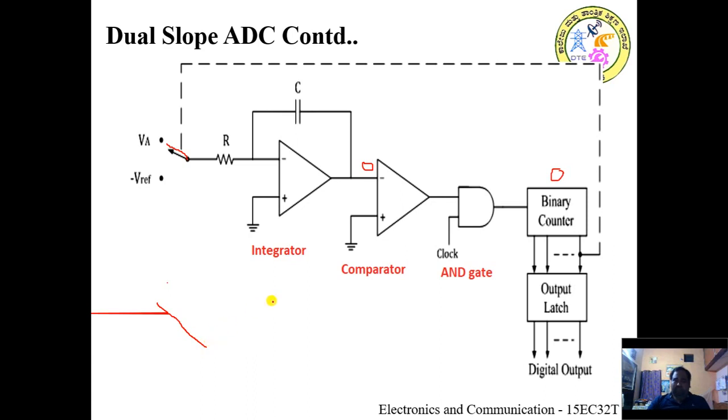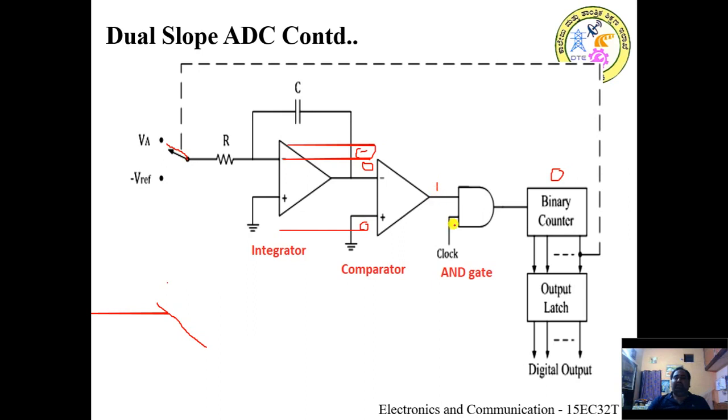The output of the comparator is positive now, because as we are getting a negative value here, whenever it is compared with the 0 value, obviously this comparator is going to give a logic 1 as the output.